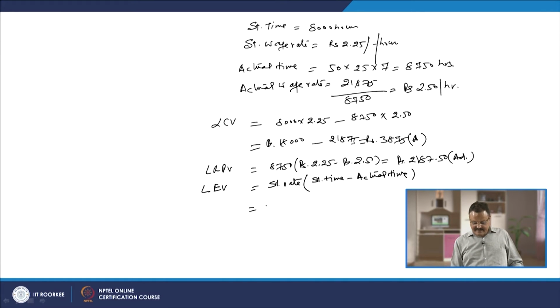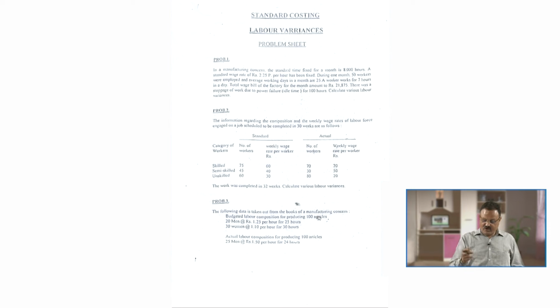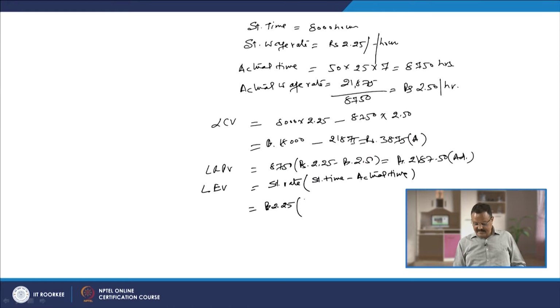So, we will take it here as rupees 2.25 into standard time. What is the standard time? The standard time given in the problem itself is 8000 hours. So, we will put here 8000 hours, and the actual time we have worked out is 8750 hours, but out of that 100 hours have been wasted. So, you subtract that and you call it 8650, right.